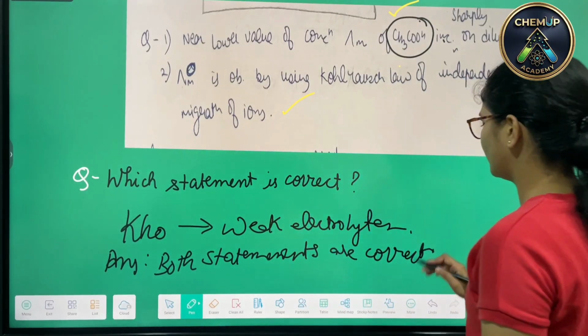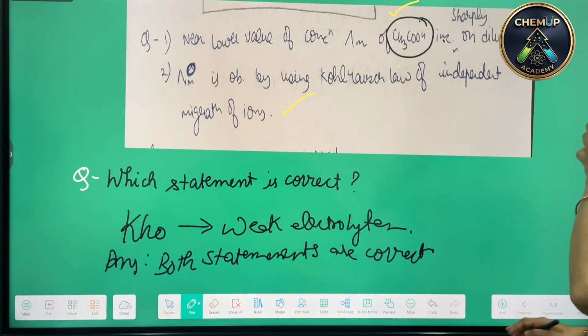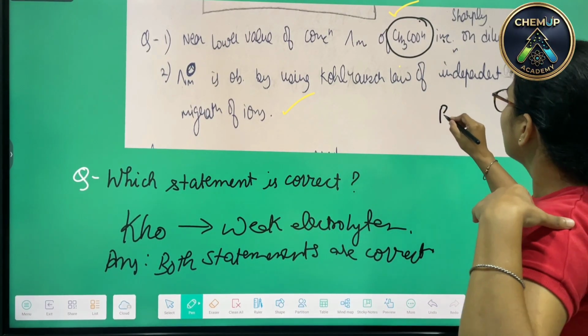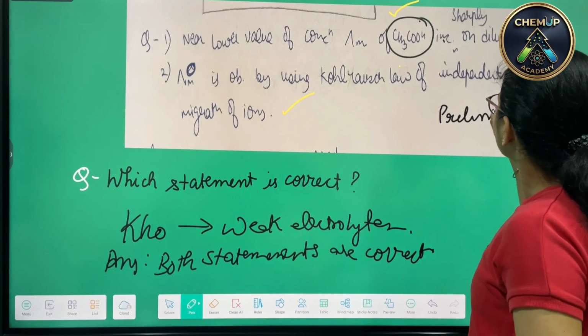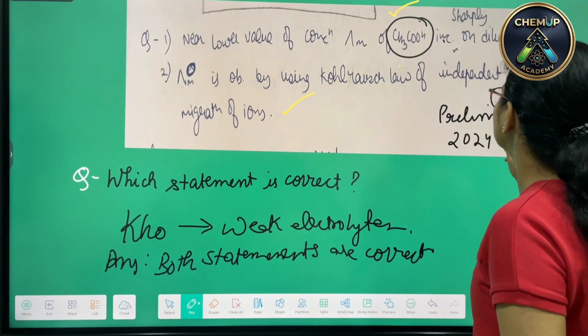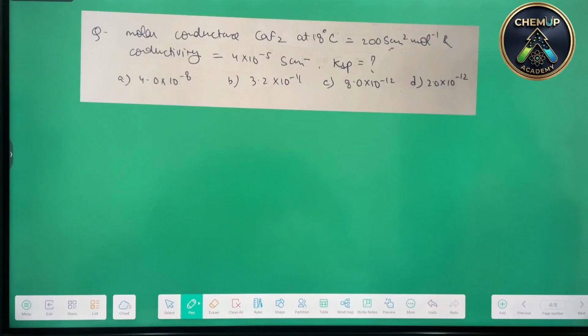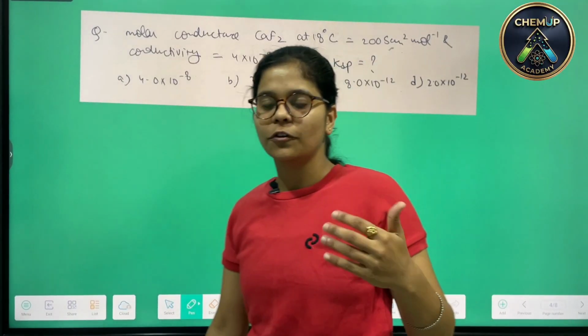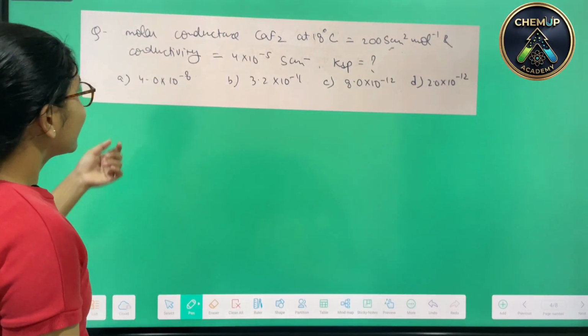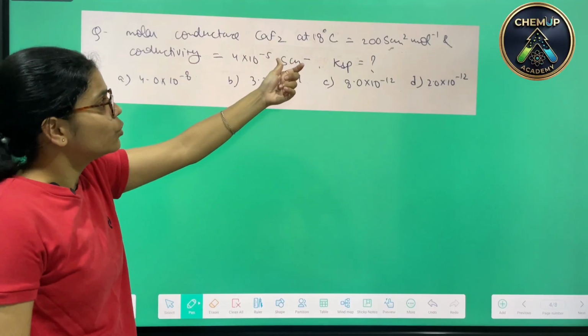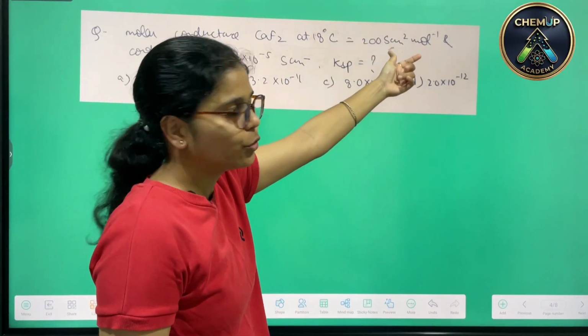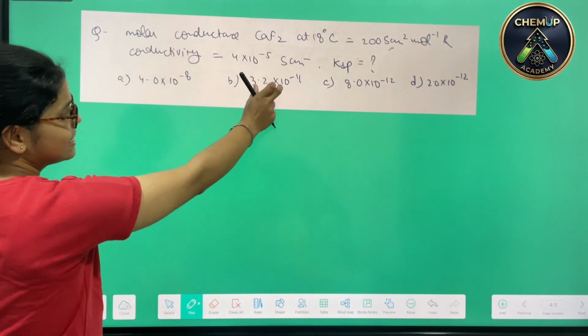Coming to our next question, this was just a tick mark question, and it came in your prelims in the year 2024. Now the next question is a sort of numerical. It says the molar conductance of CaF2 at 18 degrees Celsius is given like this, and conductivity is given like this.